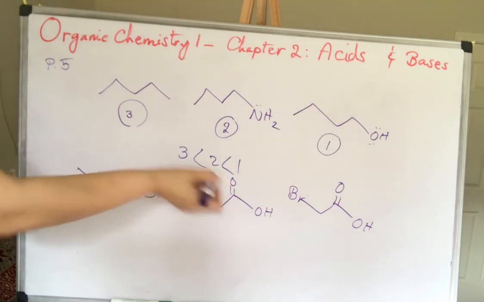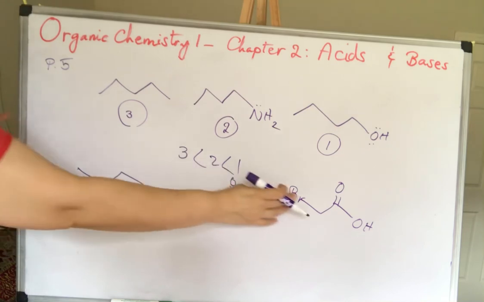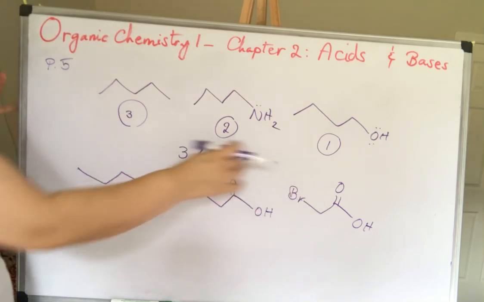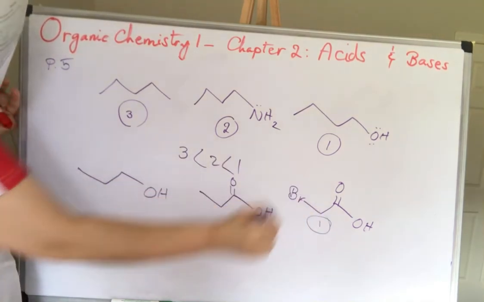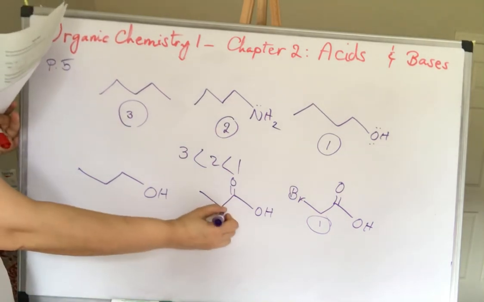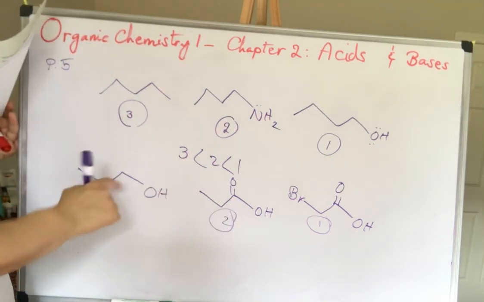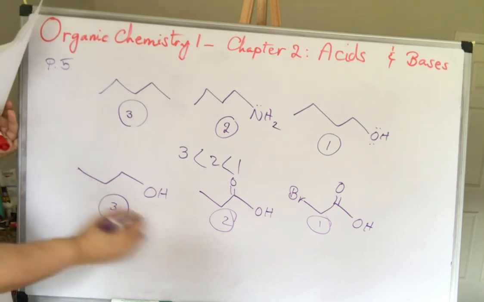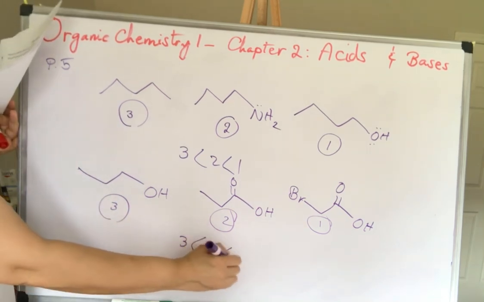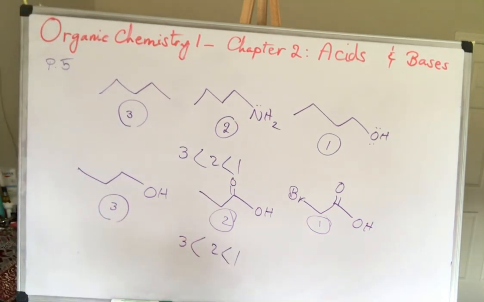Alcohols don't have this oxygen, so between these 2, because of the inductive effect, this is number 1, because it has the inductive effect, this one has none, and alcohols are less acidic than acids. So again, 3, 2, 1. 1 is the most acidic.